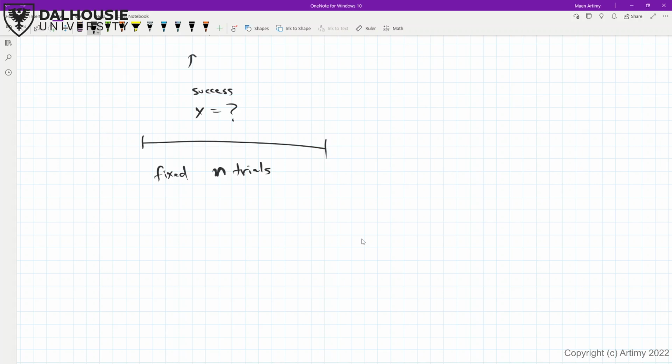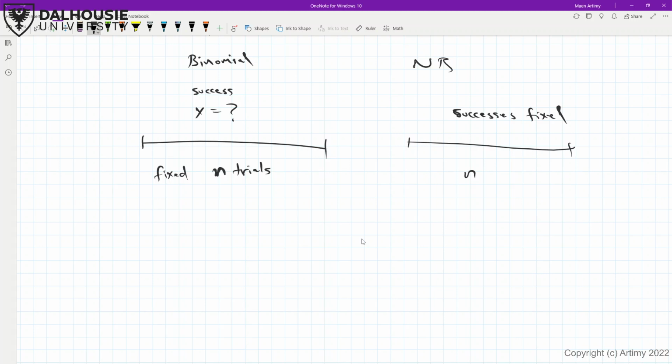So that's the binomial. In the negative binomial, the number of successes is fixed, but the number of trials is unknown.